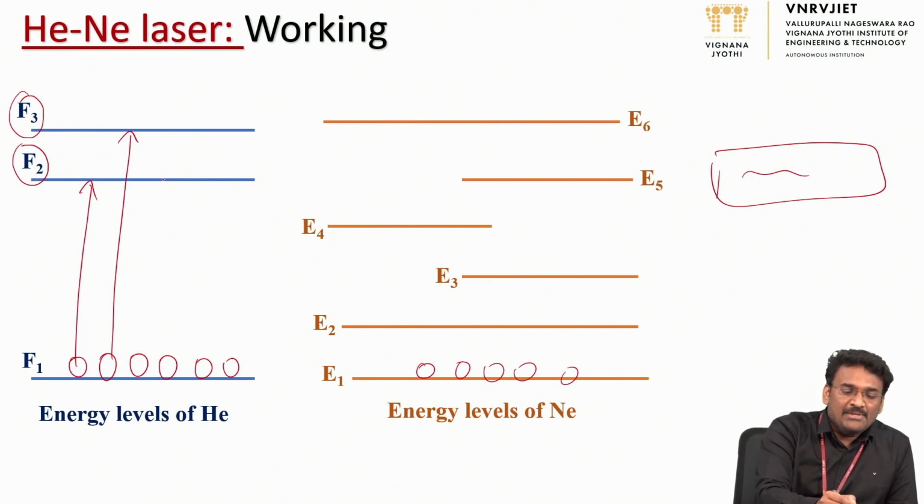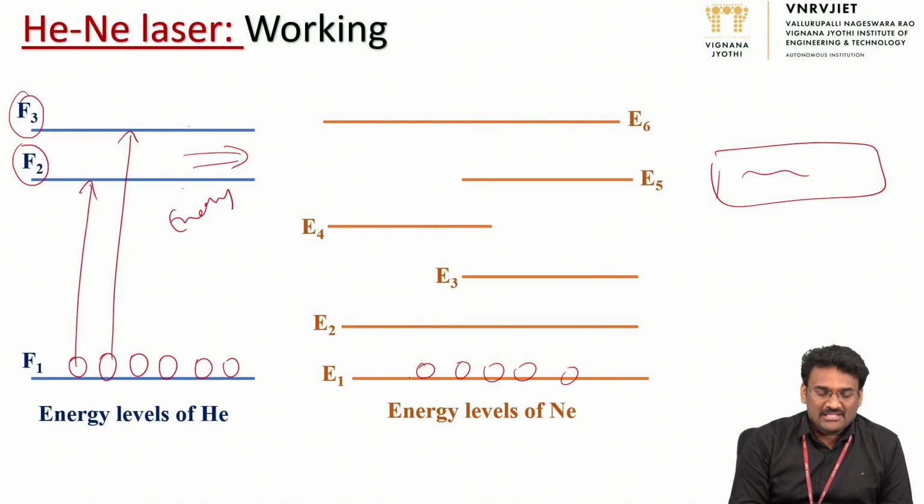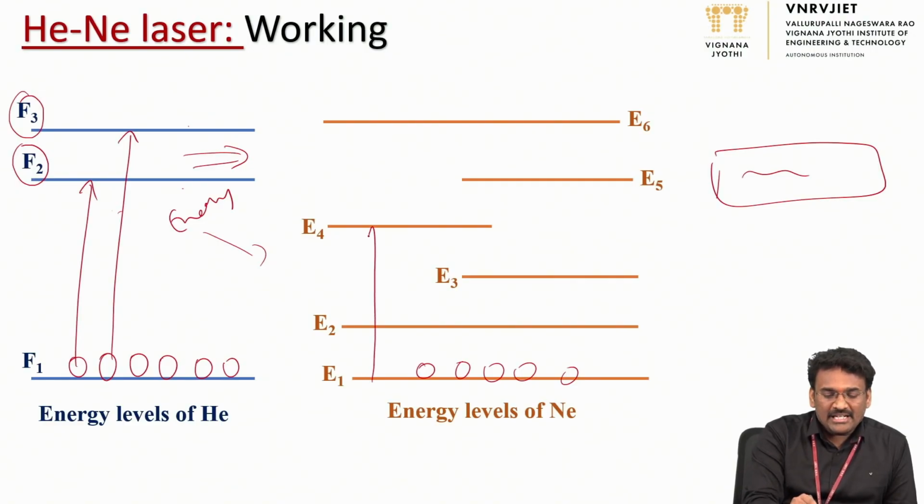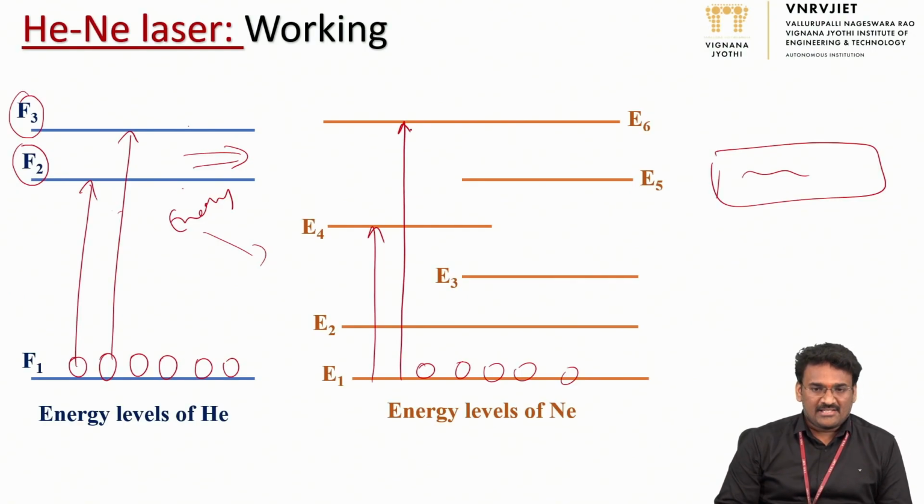The particles stay for a sufficiently long time, and when they are in this state, they interact with the ground state neon particles and give energy to them. By taking energy from helium particles, these neon particles get excited to E4 and E6 states.